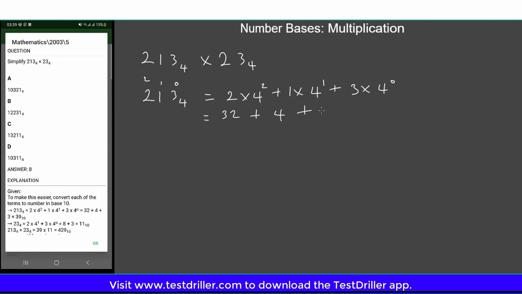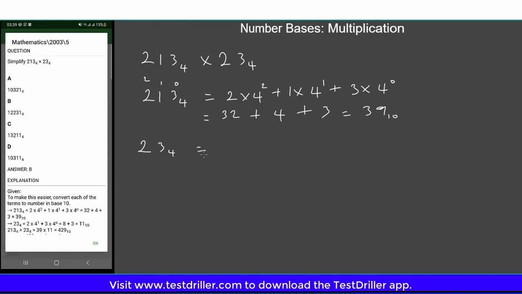Then plus 3 times 1, since 4 raised to the power of 0 is 1, that will give you 3. Let's add everything up. 32 plus 4, that's 36, plus 3, that will give us 39 in base 10.